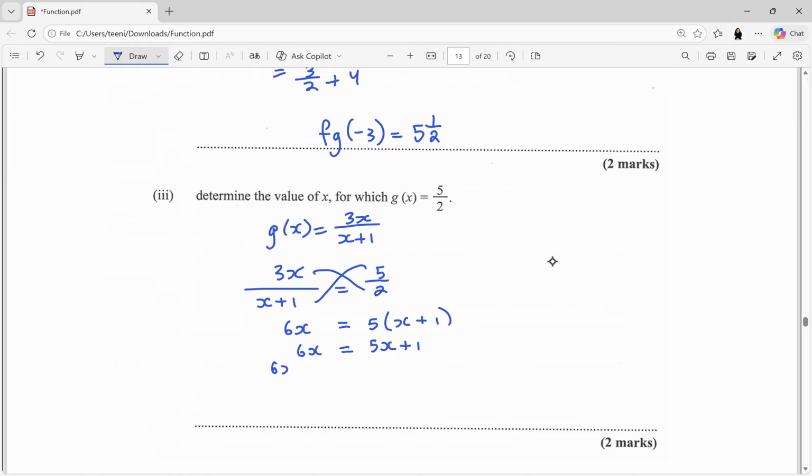So then 6x is equal to, not 5x plus 1, guys, 5x plus 5, because 5 times x is 5x and 5 times 1 is 5. So 6x minus 5x is equal to 5. So x is equal to 5. Right? So the answer is 5.